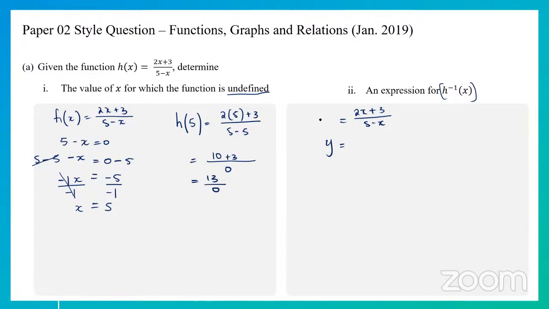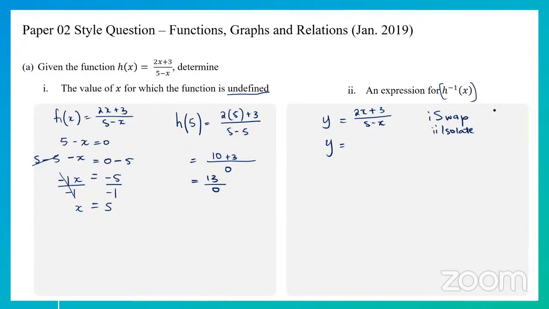You can swap first and then you isolate y, or you can isolate x and then swap y for x. But the two steps are always the same. Swap and then isolate.